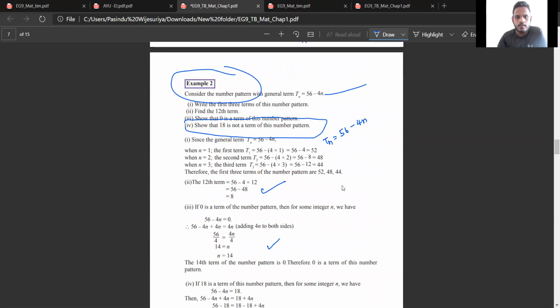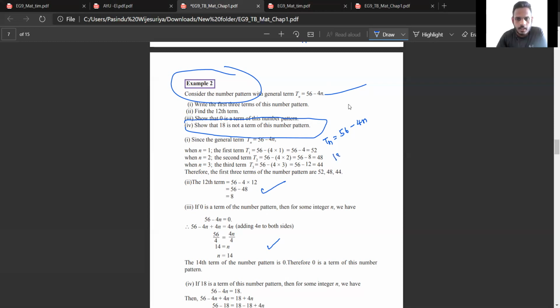For 18 not to be a term in this pattern, as you all remember when I told you previously, the term should always be a positive integer. It can't be a fraction, it can't be a decimal, it can't be a negative value. So if 18 is not a term, n should be either a fraction, a decimal, or negative. If it's a positive integer, then 18 is actually a term of this pattern.